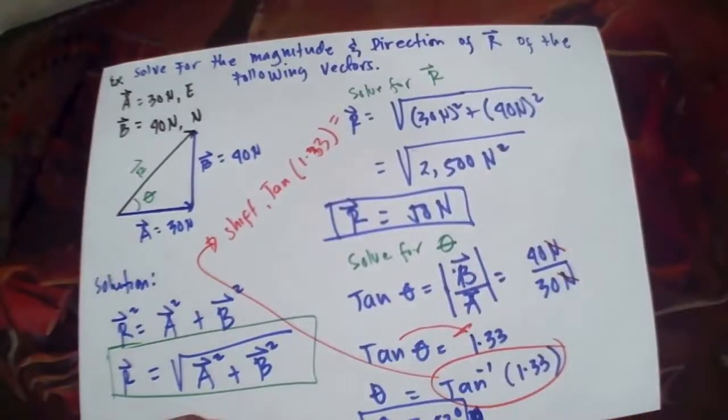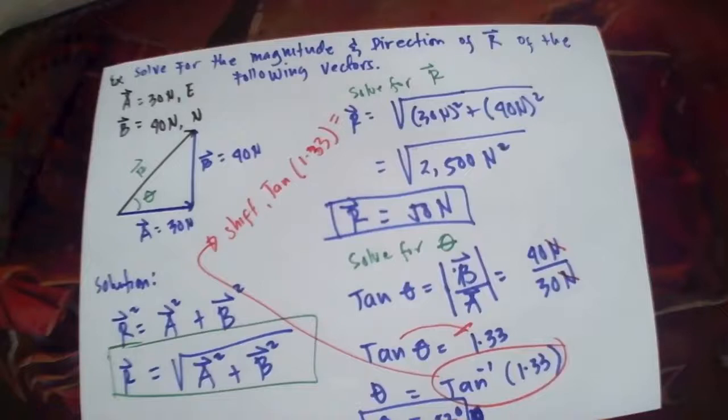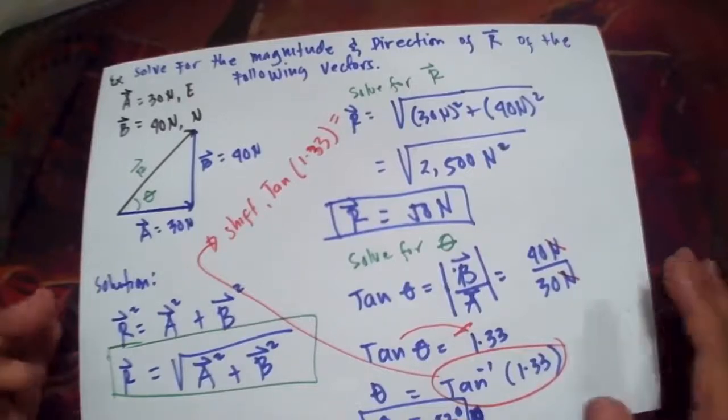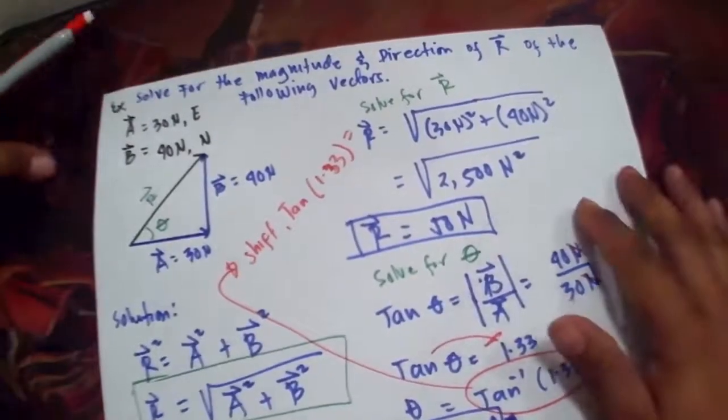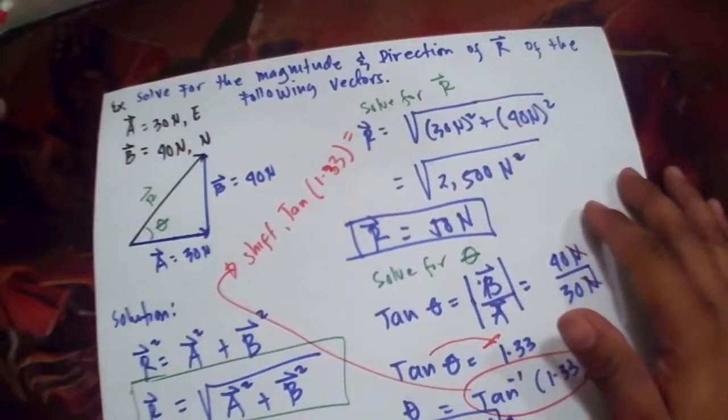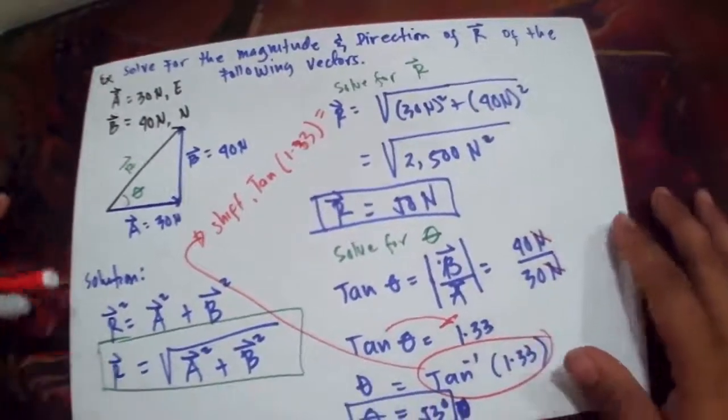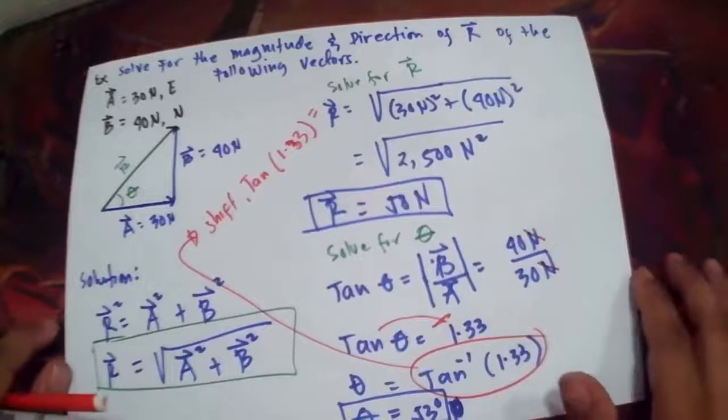This will give you 53 degrees. So I don't have a scientific calculator, but I already solved this one. You can recheck this one so that you can evaluate if our answer here is correct.